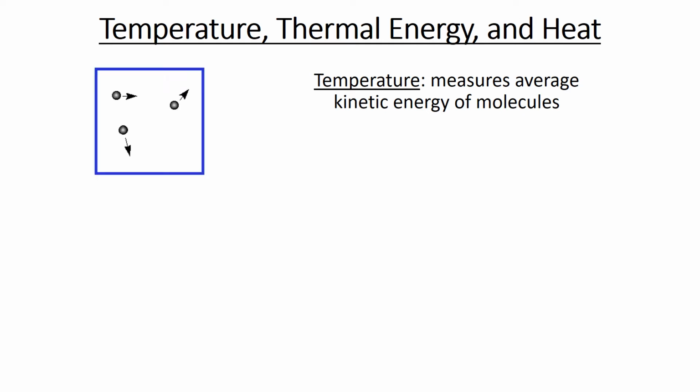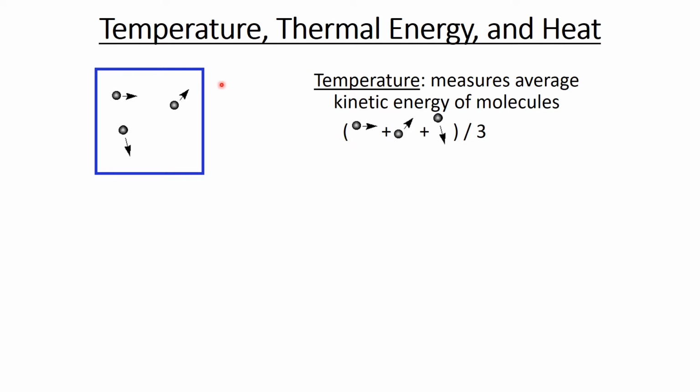So if you can imagine a substance, so this looks like a gas, and all of the little molecules are bouncing around. The arrows kind of represent their kinetic energy, so the bigger the arrow, the more the kinetic energy. And they're kind of bouncing around in all the directions. If I take the kinetic energies of all these three molecules, add them together, and divide by 3, I'm going to get something analogous to what the temperature is.